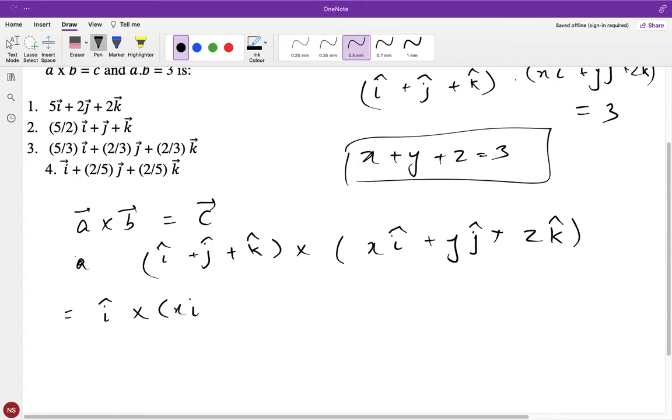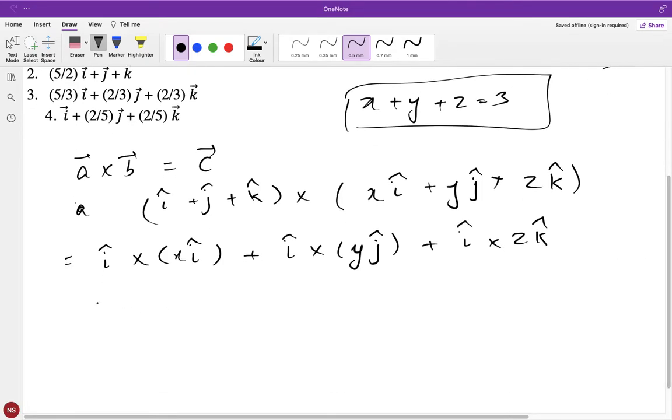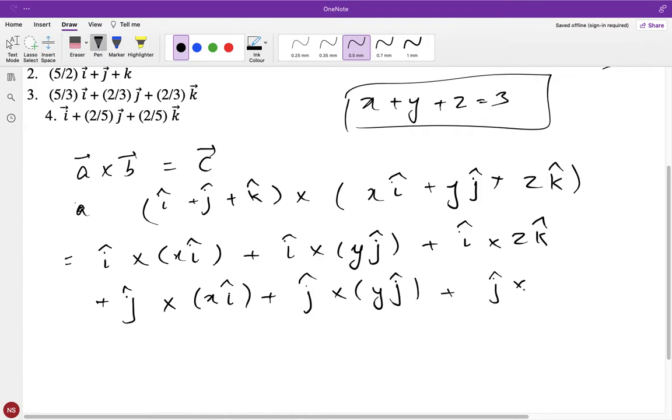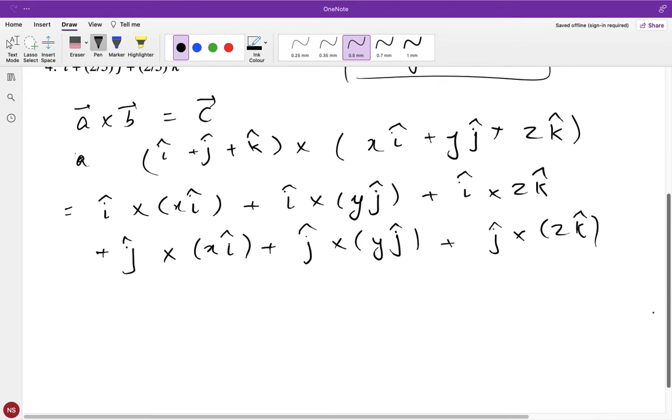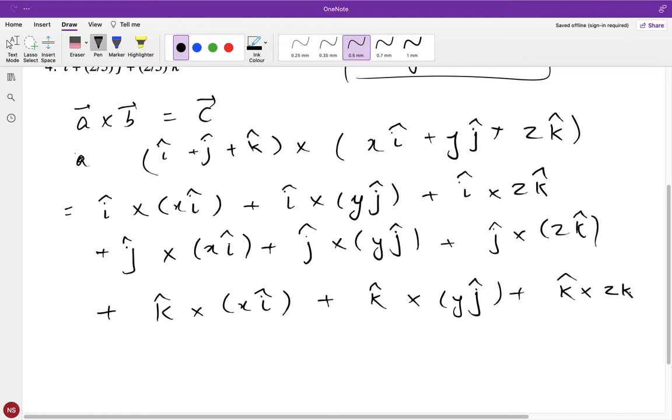i cross xi plus i cross yj plus i cross zk plus j cross xi plus j cross yj plus j cross zk plus k cross xi plus k cross yj plus k cross zk.